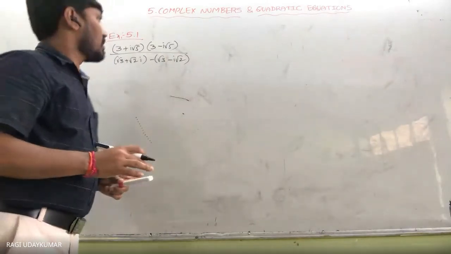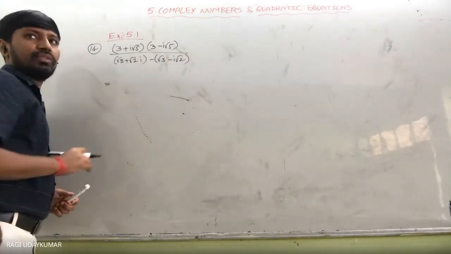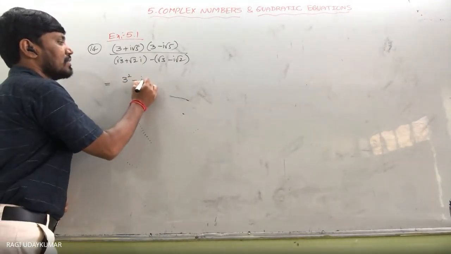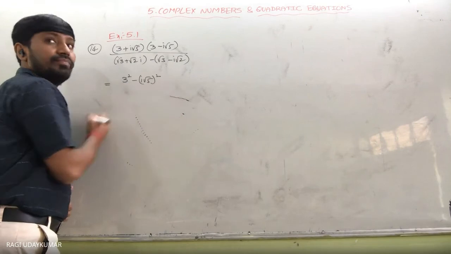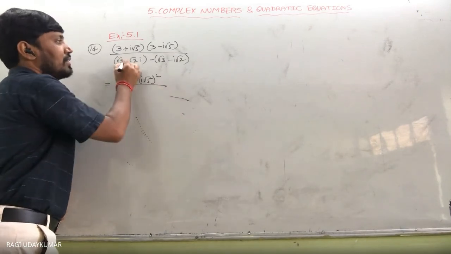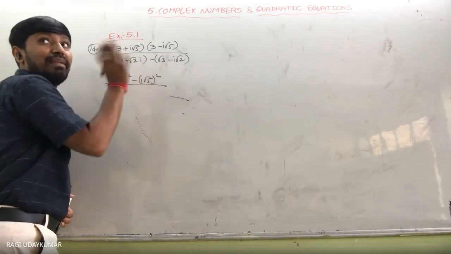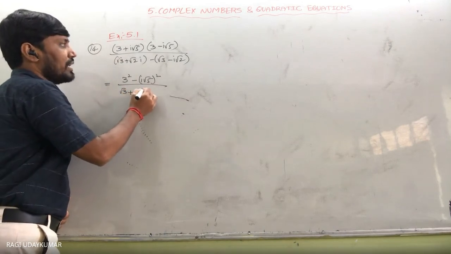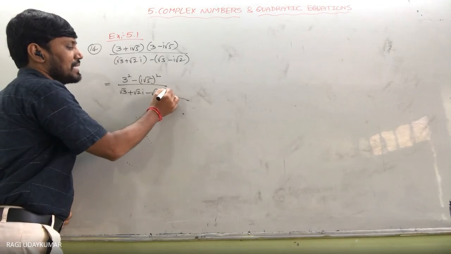Isn't it? So in the numerator, what do you get here? a plus b into a minus b, a square minus b square. This is not multiplication, it is simplification.